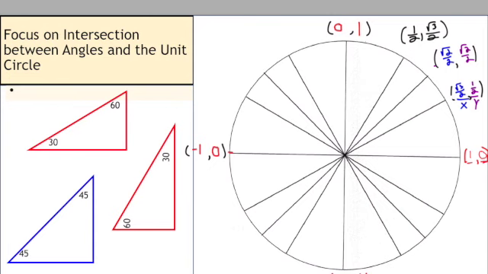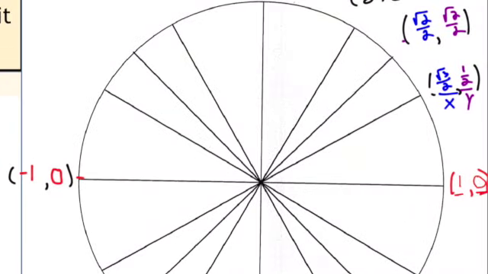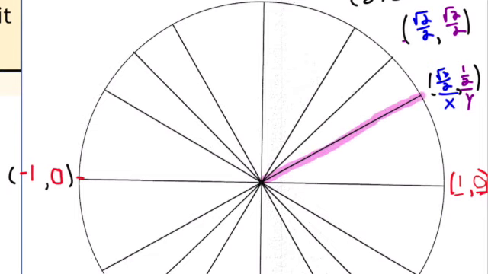So we're going to start off with our first angle here at 30 degrees. Now we're going to have a similar angle on the other side, in the second quadrant of this unit circle, and it's going to match up with that angle right there. If you remember reference angles, this is 150 degrees right here.